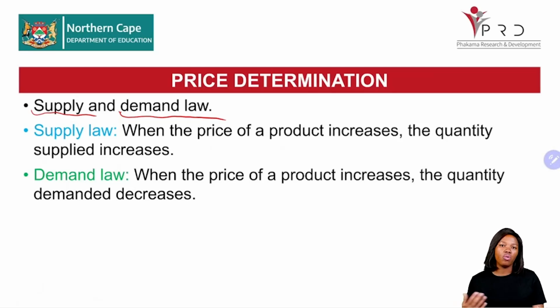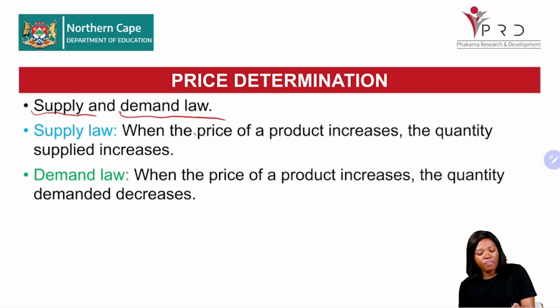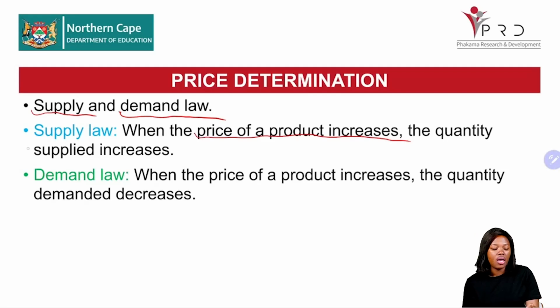Now, the supply law speaks of this: when the price of a product increases, the quantity supplied or provided also increases, which tells us that the relationship between the quantity supplied and the price is directly proportional.